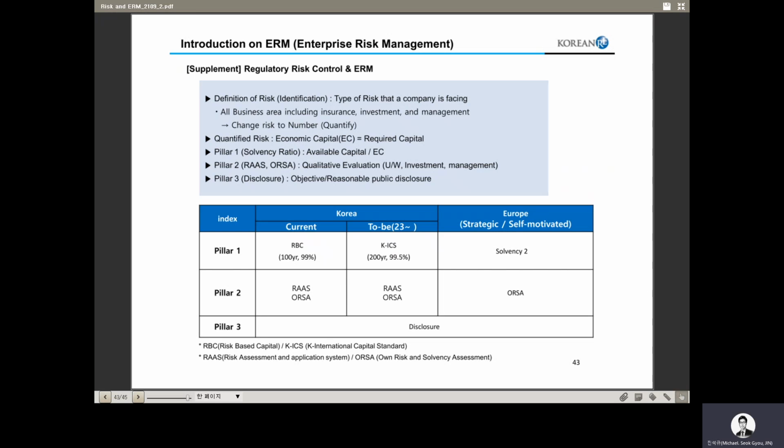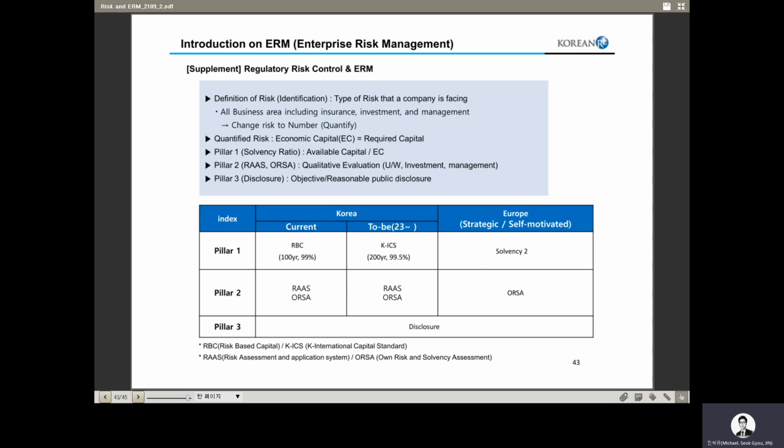Here is how we are reacting and working together with regulatory risk control by using our ERM framework. The definition of risk, which we call identification, is where we define the type of risk that a company is facing. In this regard, all of the business areas, including insurance, reinsurance, investment, and management, change risk to numbers.